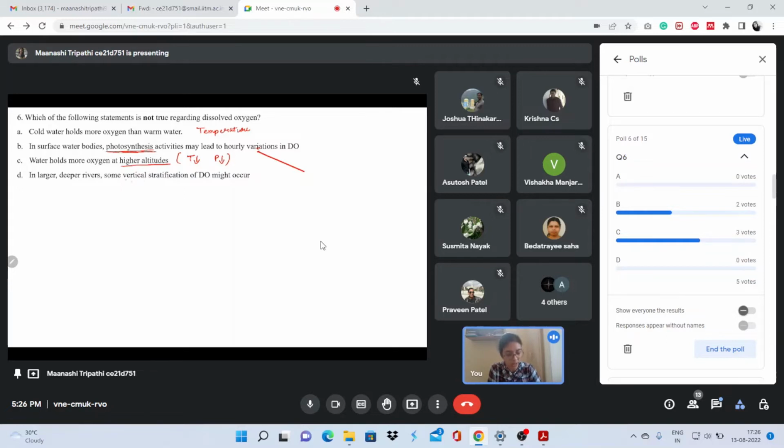What is vertical stratification? Just imagine this is a lake and there will be different DO values in different layers of the lake. Okay, so this is stratification. So try to answer this question. We are talking about the statement which is not true.